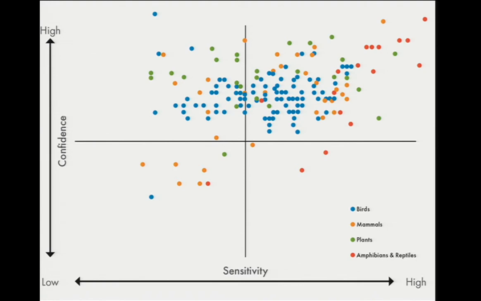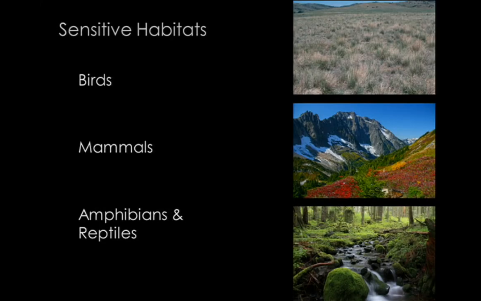So what is driving some of those scores? What's causing or what's leading to those higher sensitivity scores? And we identified that the factor, sensitivity factor as we're calling them, sensitive habitats was most often identified as having those high scores for birds, mammals, and amphibians and reptiles.